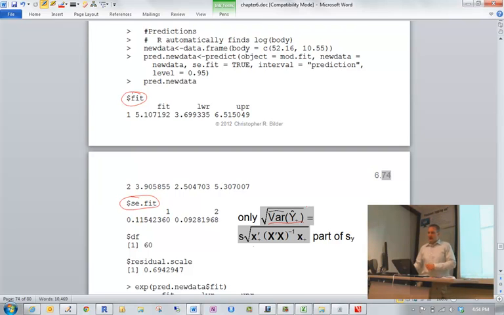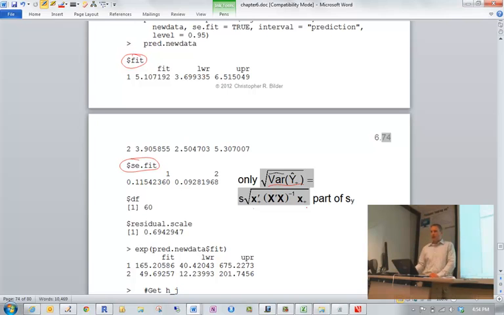For a prediction interval, remember what you need. Essentially, for a prediction interval, you would need a 1 plus in that formula. So this is what's actually being calculated. For a prediction interval, though, we wouldn't want the 1 plus in there. It does the prediction interval calculations correctly. It just gives you a different standard error than what you would expect since we said prediction.